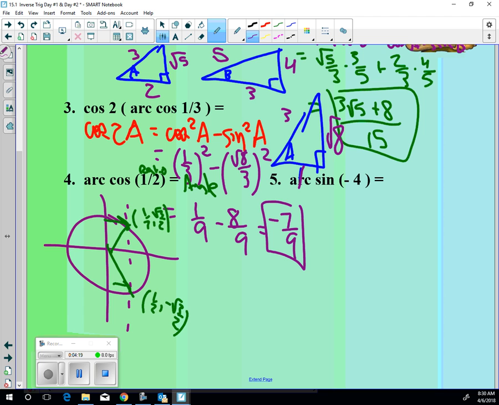So the arc length for this one is going to be pi over 3. Arc length for this one from 0 to 2 pi is going to be 5 pi over 3. So what we would say for the answer here is theta equal to pi over 3 and 5 pi over 3. Those are the answers between 0 and 2 pi.